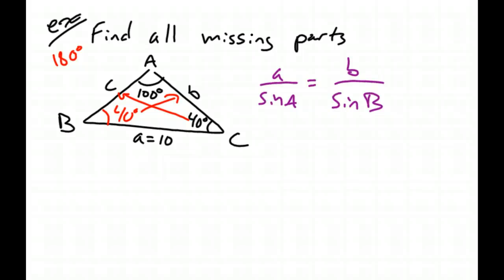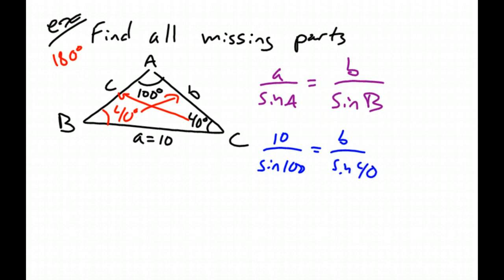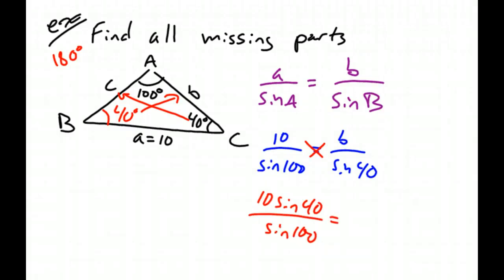So if I just plug in the numbers that I know, 10 over sine 100 equals little b over sine 40. Then from here, all I need to do is cross multiply, divide by sine 100. Right, so we're going to multiply 10 sine 40 divided by sine 100, and that is going to be equal to b, whatever that may be.